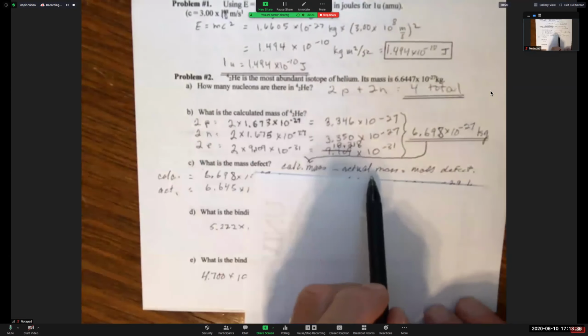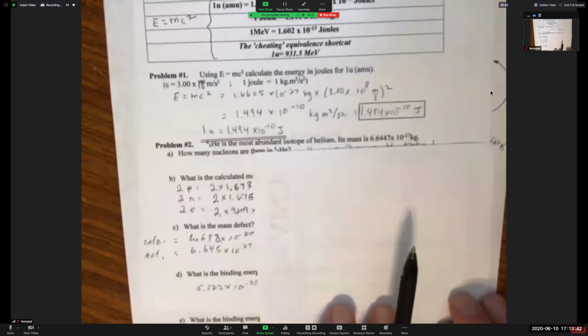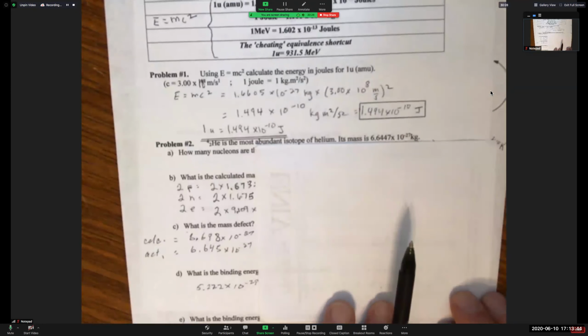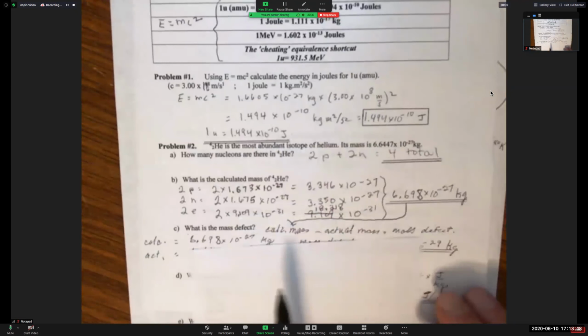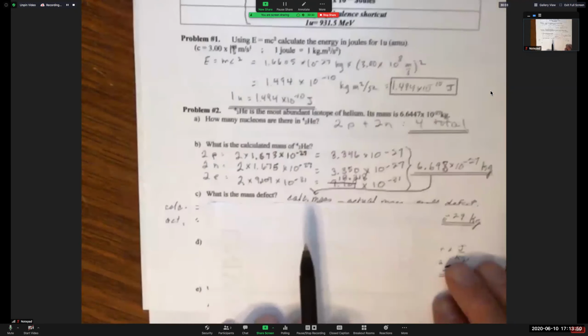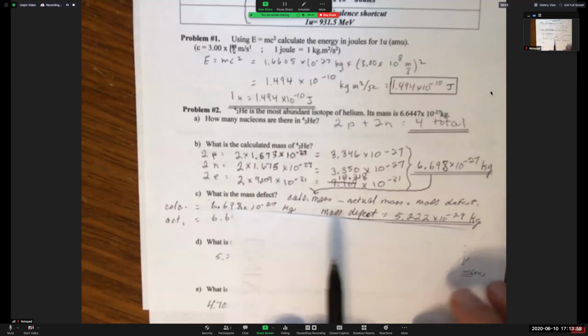Now the actual mass is what's given up here. It says the actual mass is 6.6447 times 10 to the minus 27. But if we add up all the masses of all the subatomic particles, we get a mass that's 6.698 times 10 to the minus 27. That's larger. So the difference is called the mass defect.